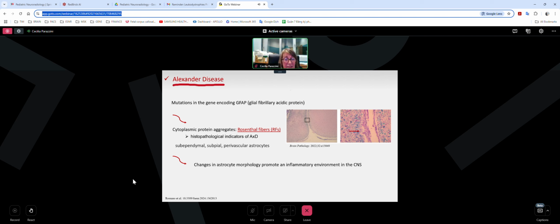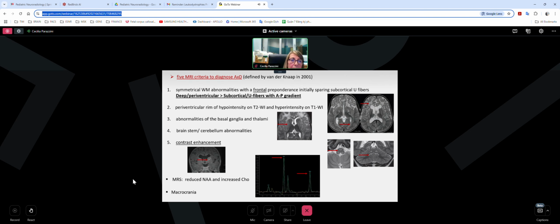And these aggregates are mainly detected in subependymal, subpial, and perivascular astrocytes that become swollen, and this explains some increase in thickness of some brain structures. And the change in astrocyte morphology promotes an inflammatory environment in the CNS with brain neurotoxicity.